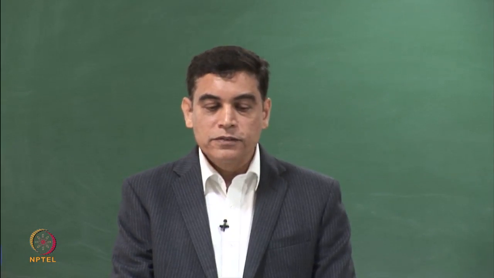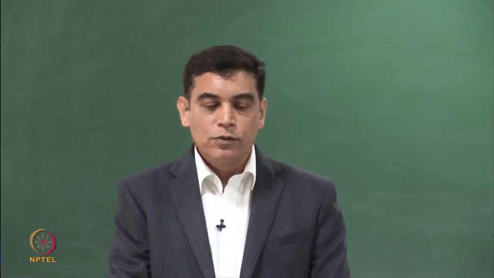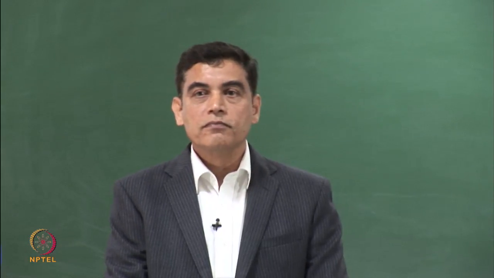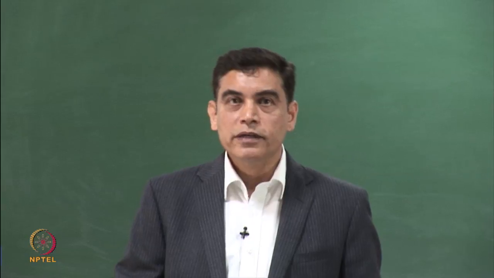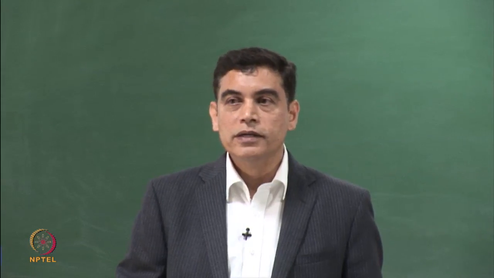And finally, if we merge flammability and toxicity, then we will come to a single representation, with the first letter representing toxicity and the second letter representing flammability. So we would end up having refrigerants with a classification A1, A2L, A2 and A3 as one category, which are not toxic but have varying degrees of flammability, with the A1 refrigerant having no flammability.